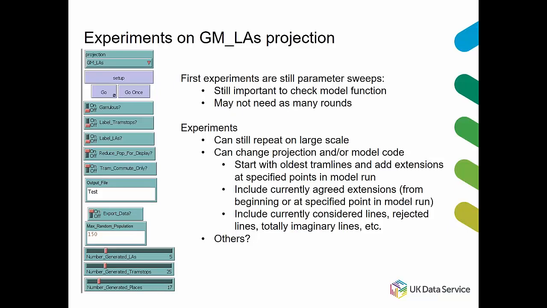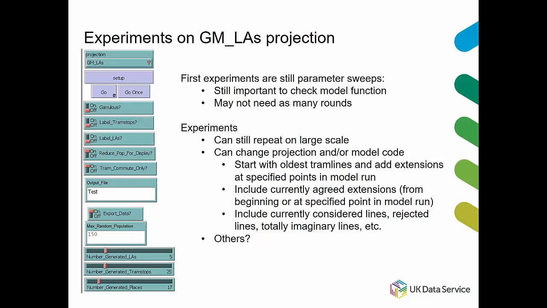You can still repeat individual sets of experiments on a large scale, or you can go back to the code and change it so that maybe your tram stops appear as they did in real historical timelines. So, you know, you build so many stations on the first line and then you extend the lines and you build new lines.